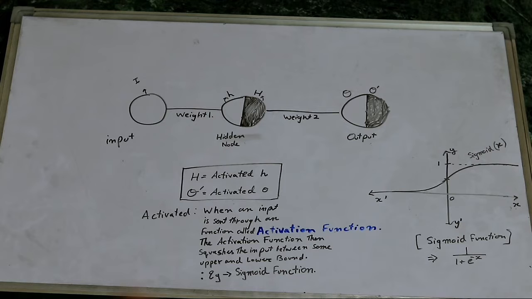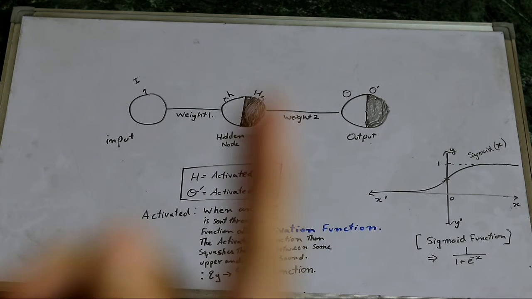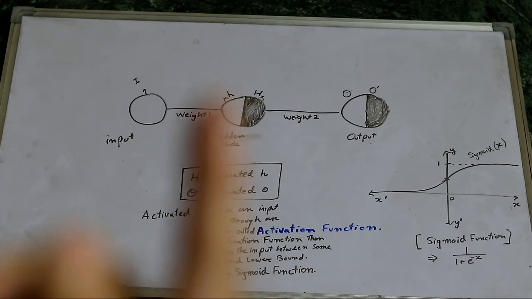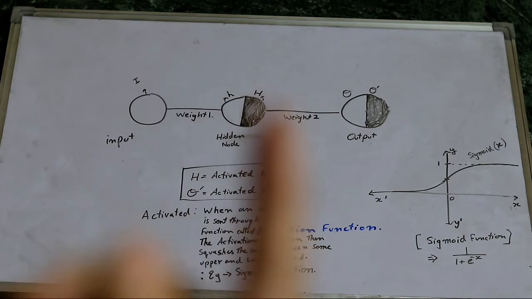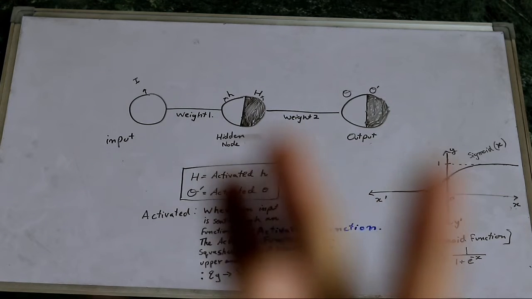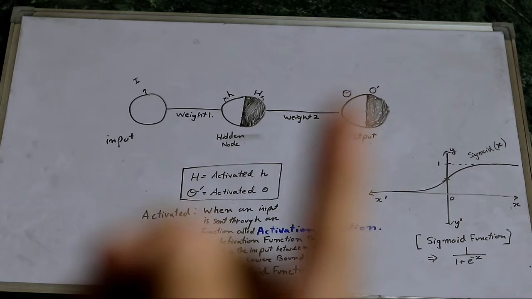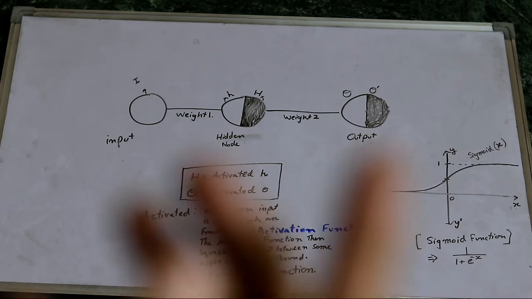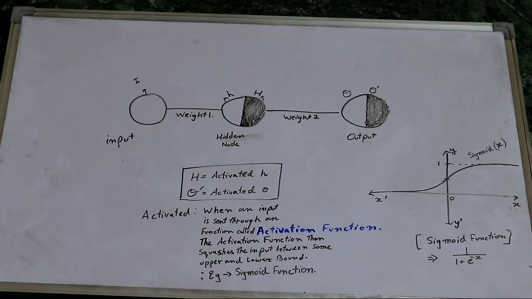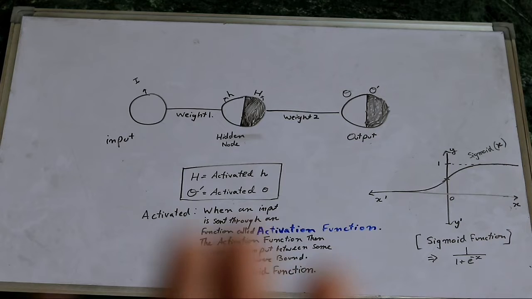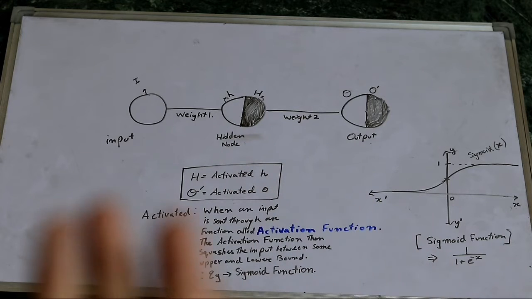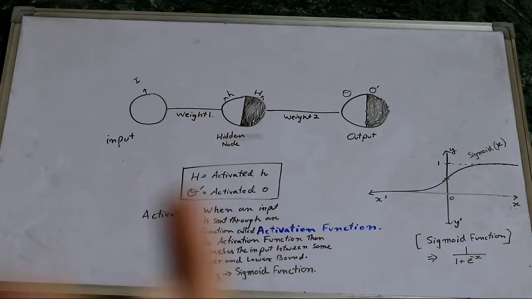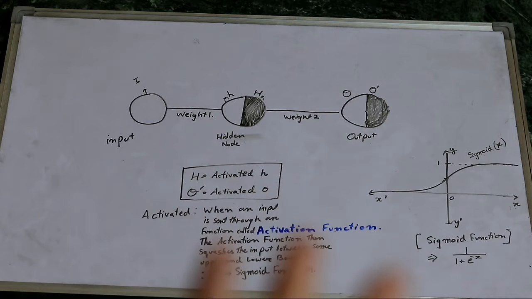The dark side is capital H and the light side is lowercase h. For the output, similarly, the white side is O and the dark side is O dash, the little hyphen on top. You may be confused, but as you can see below, H is equal to activated small h, and O dash is equal to activated O.